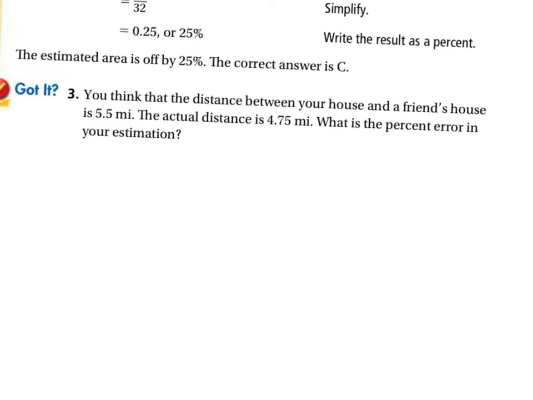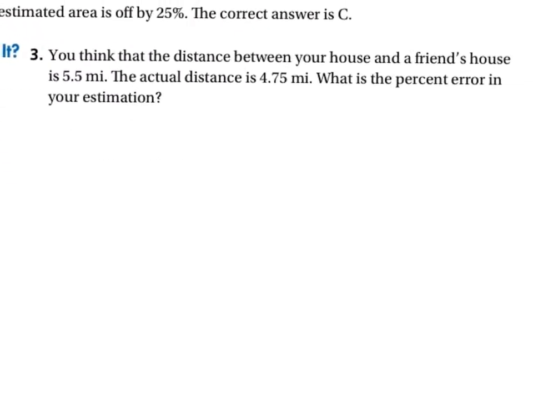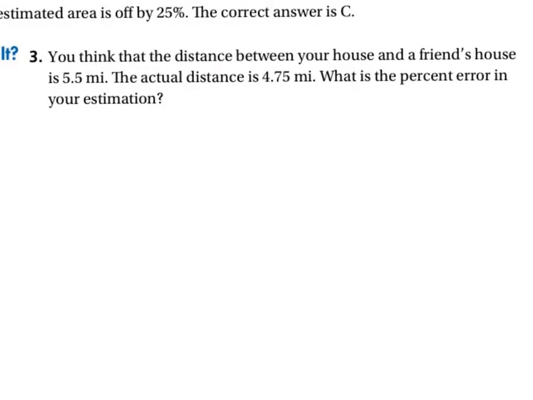So if we look at the guided practice, problem 3, you think the distance between your house and a friend's house is 5 5/10 miles. The actual distance is 4 75/100 miles. What is the percent error in your estimation?